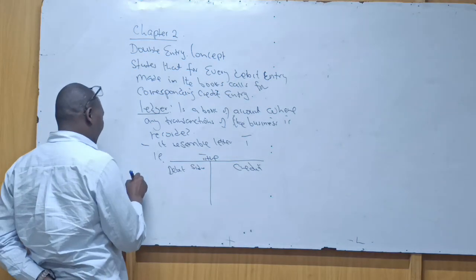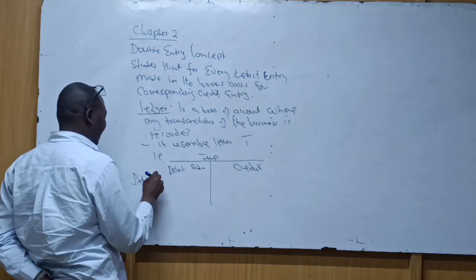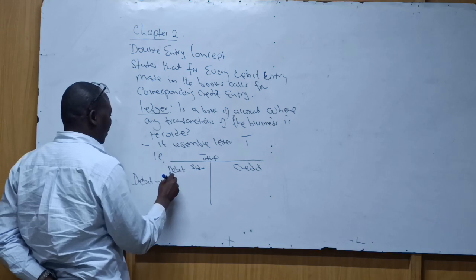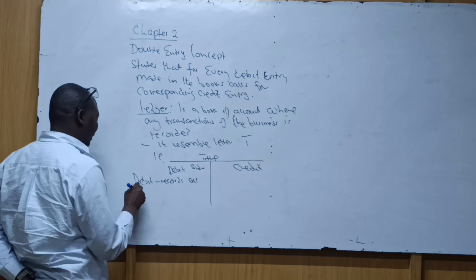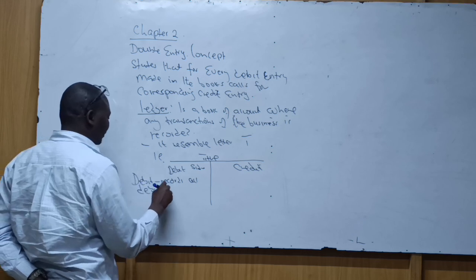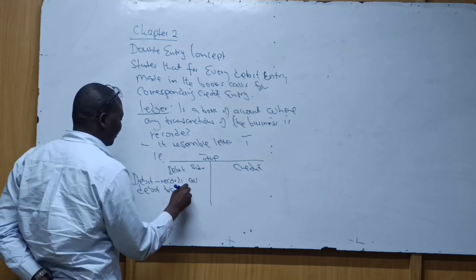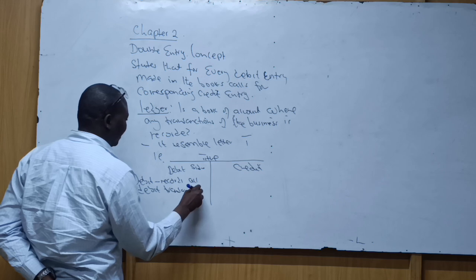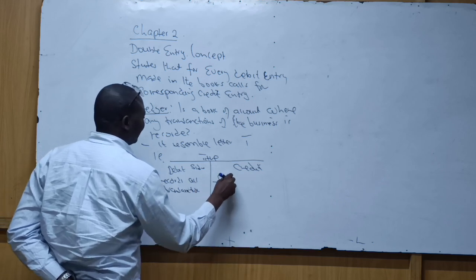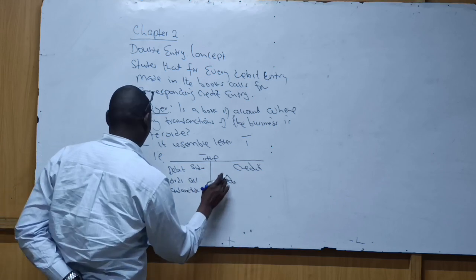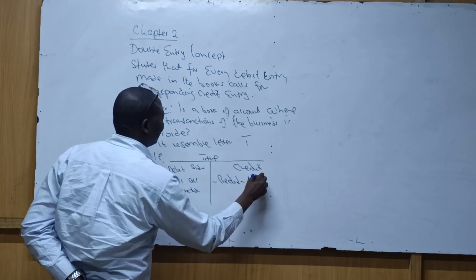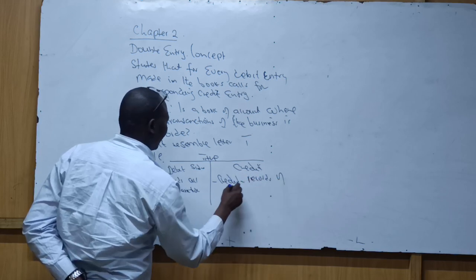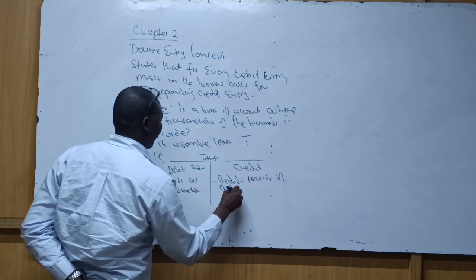So the debit side records all debit transactions, and the credit side records all credit transactions.